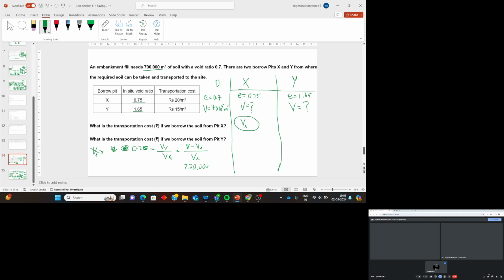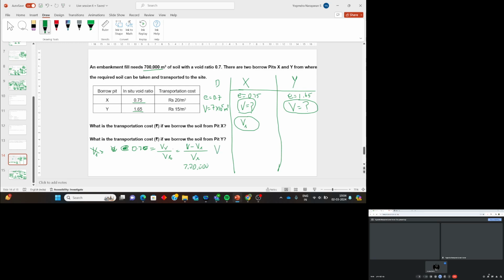This volume we don't know, this and this we need to find out. All right. So how much are you getting for Vs? Four one one seven. Yes, that is right.